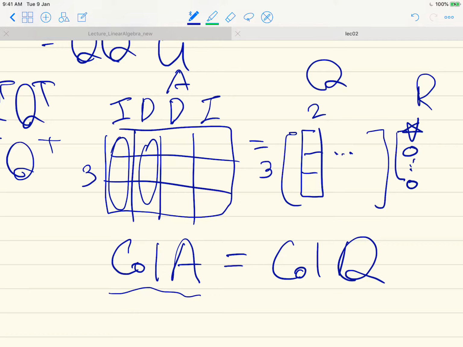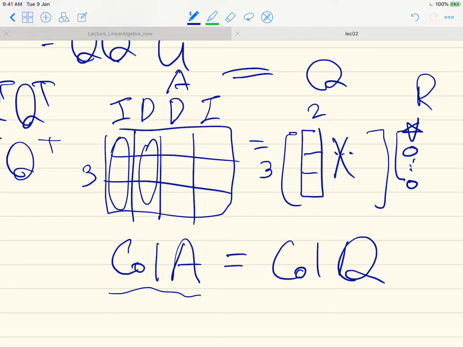That means we cannot add any non-zero orthonormal basis vector to Q, right? But still, how about R? Can we construct R? So still, we want to obtain A being equal to QR.